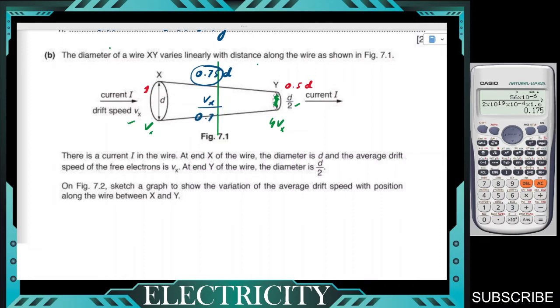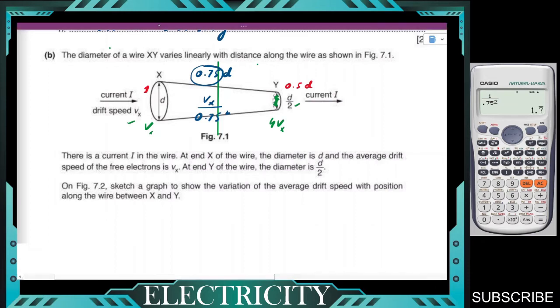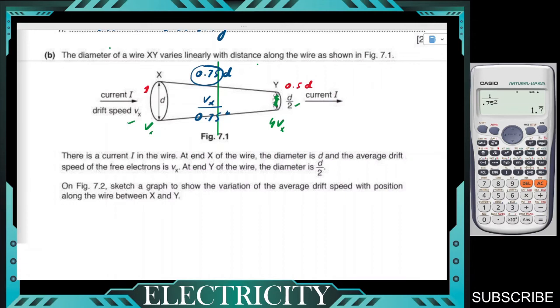So 0.75 squared. 1 divided by 0.75 squared is 1.77. It is a recurring number, so 1.77 can be rounded off to 1.8. So the drift speed in the middle would be 1.8 times Vx.